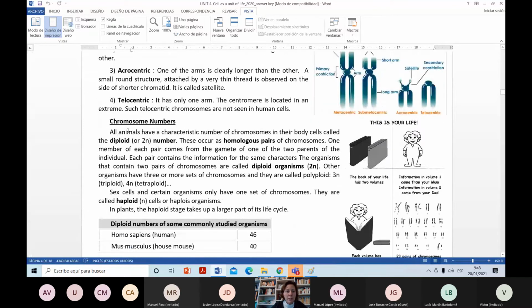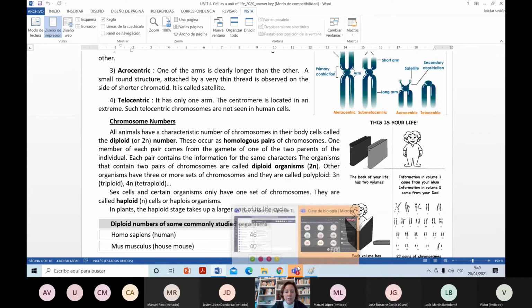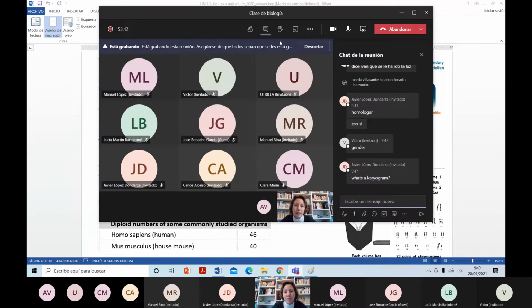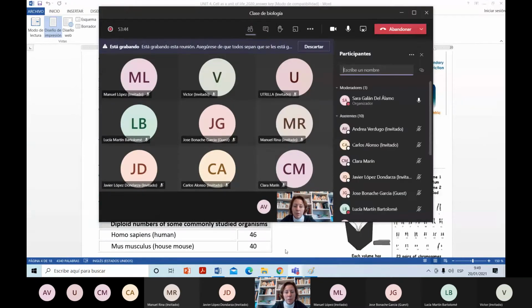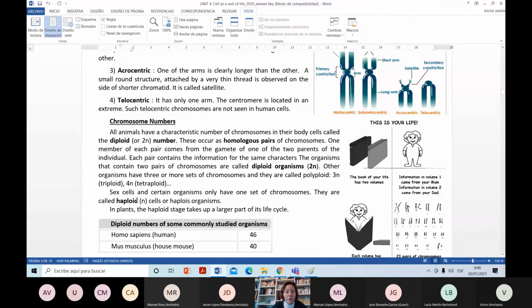So going back to this section, chromosomal numbers, it says here that in animals, all the cells have a diploid number, apart from the gametes, which are the only haploid cells. Sex cells, gametes, are the only cells that contain only one set of chromosomes, so they are haploid.